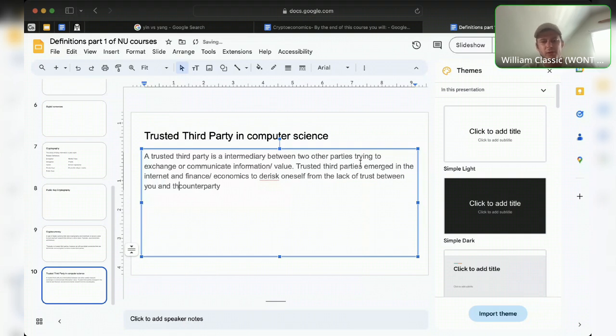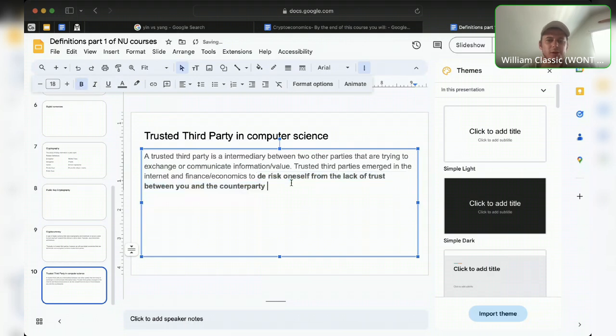So a trusted third party is an intermediary between two parties that are trying to exchange or communicate information / value. Trusted third parties emerged in the internet and finance / economics to de-risk oneself from the lack, and I'll bold this part because it's so important, the lack of trust between you and the counterparty.